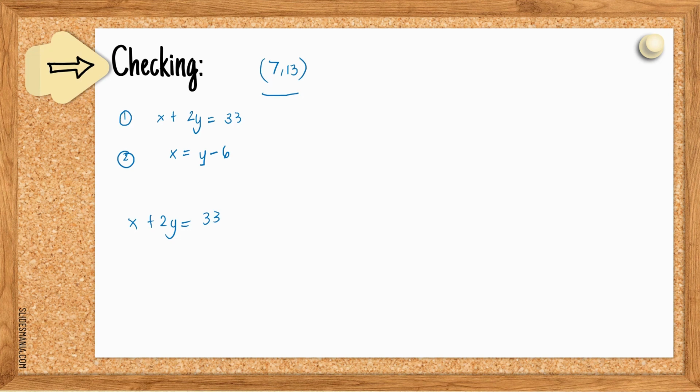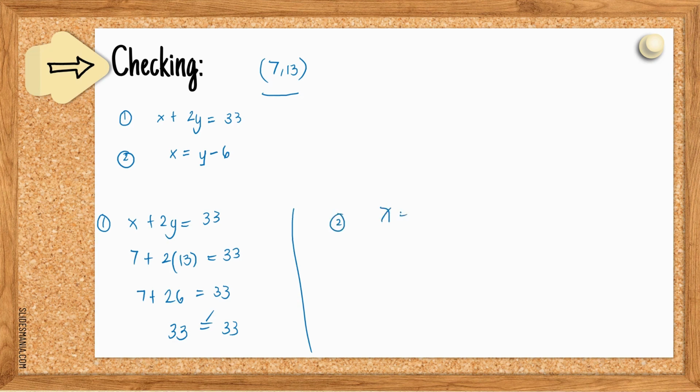The value of your x is 7, plus 2, and the value of your y is 13, is equal to 33. 7 plus 2 times 13, that is 26. Is it equal to 33? Let's see. 7 plus 26, that is 33. And yes, it is equal to 33. So this ordered pair is true for our first equation. Let's have our second equation.